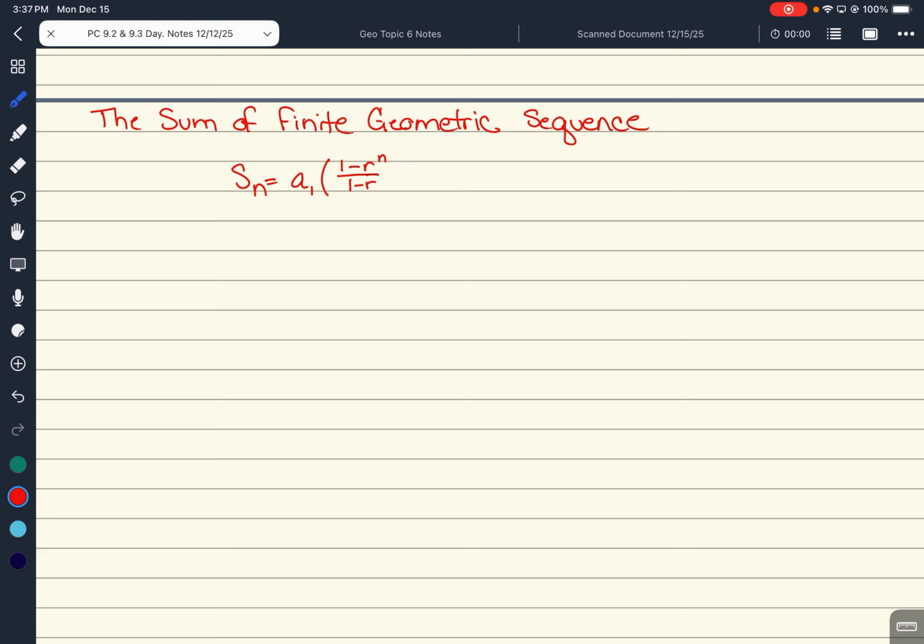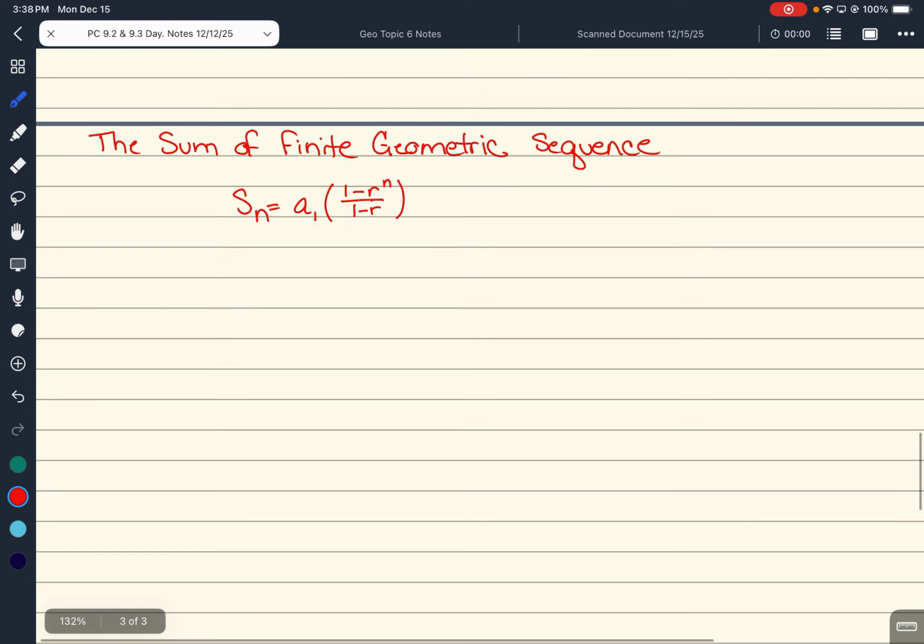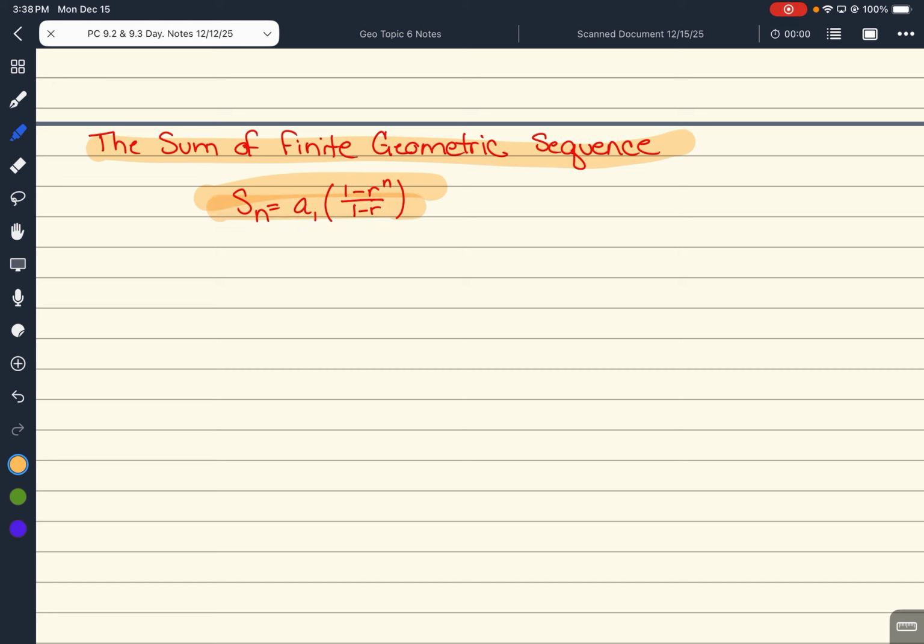That's an exponent. So what is r? Geometric is common ratio. Friday we did common ratio. So r is the common ratio. n is the number of things you're adding. a sub 1 is the first thing. Same as the other one.